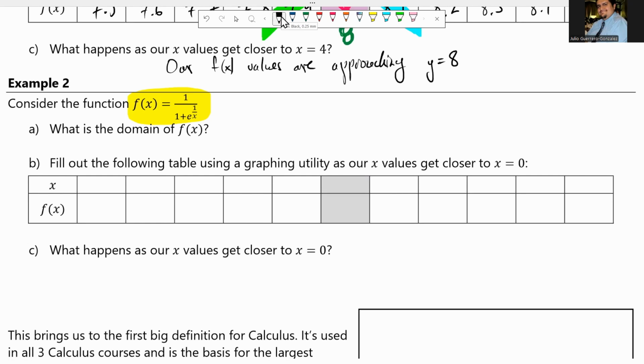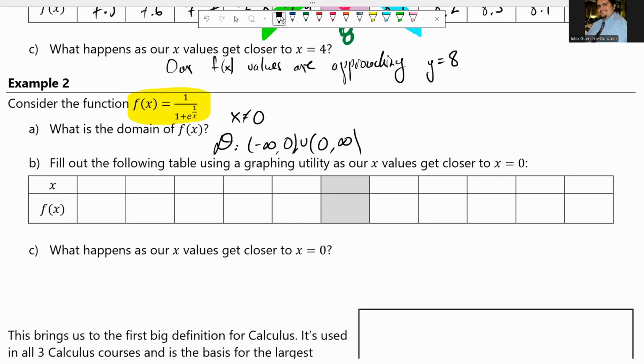That value can't be 0 on the bottom, so we have to skip 0. According to this, x cannot be 0. So my domain should be negative infinity to 0, union 0 to infinity. I have to skip over it.